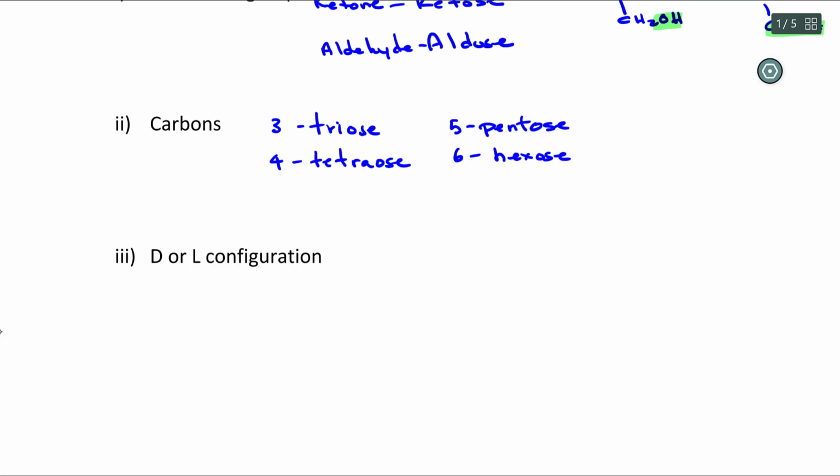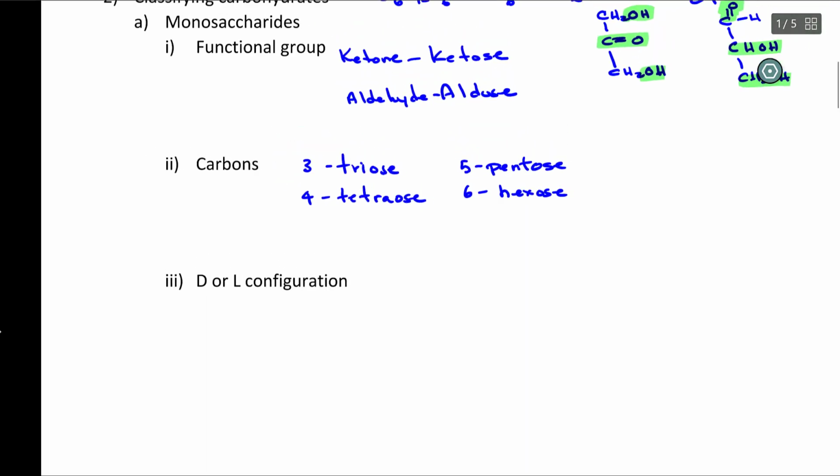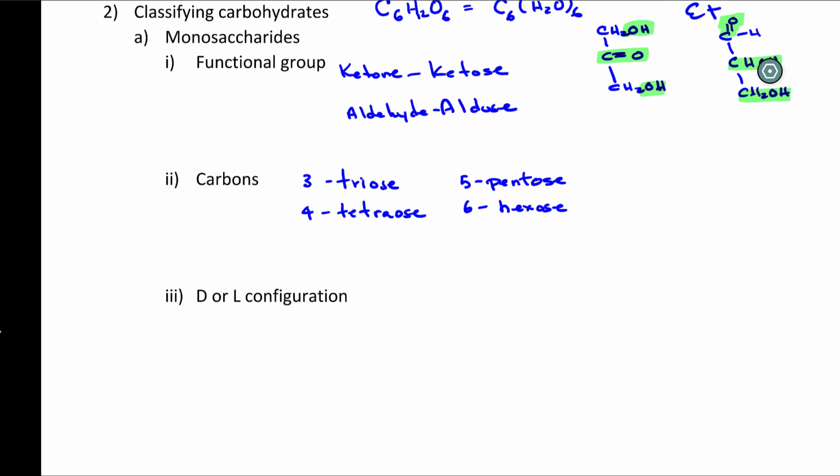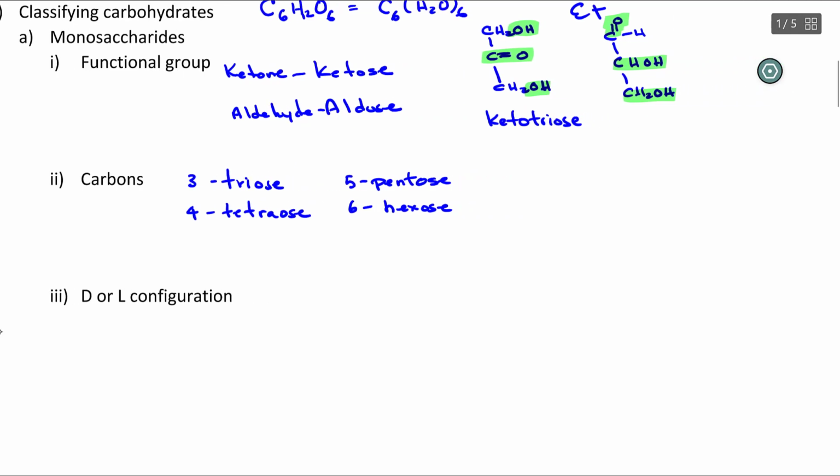Okay, so we can combine these terms, and so we can say, for example, dihydroxyacetone is a ketotriose. Glyceraldehyde is an aldotriose.